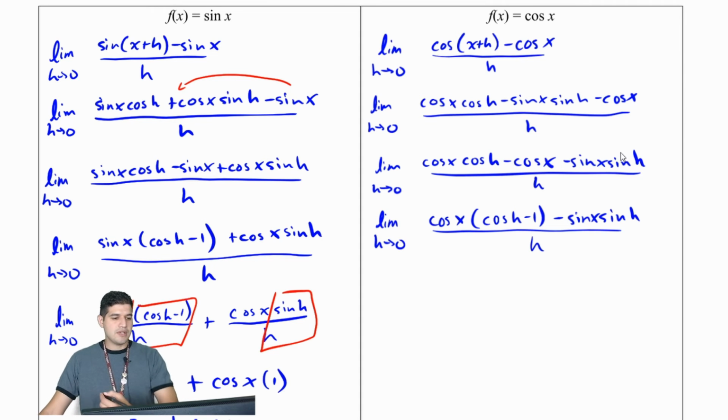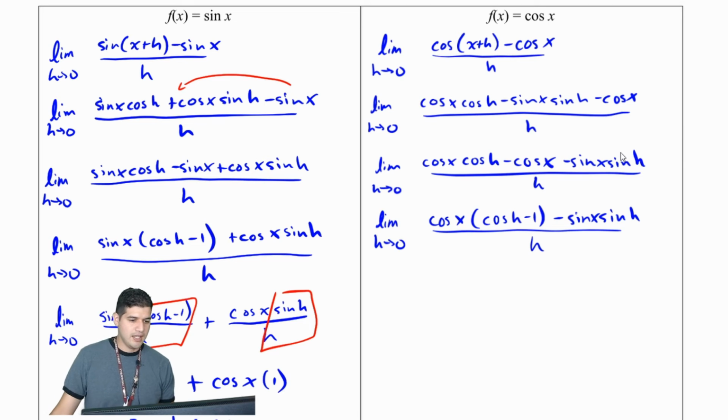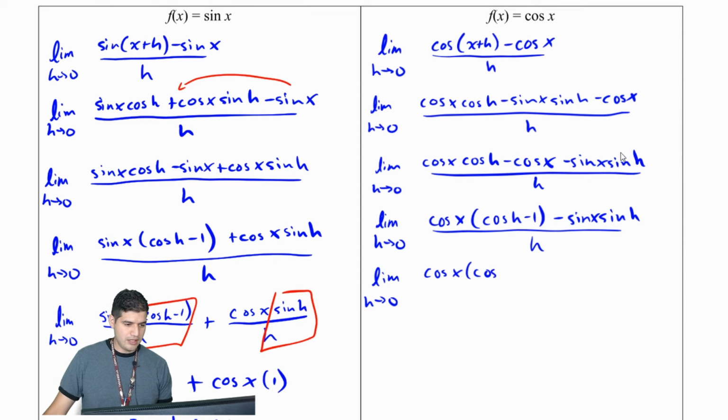And so again, I'm going to move this into two separate fractions separated by that subtraction. So limit as h approaches 0, cosine of x times cosine of h minus 1 all over h minus the sine of x times the sine of h all over h.